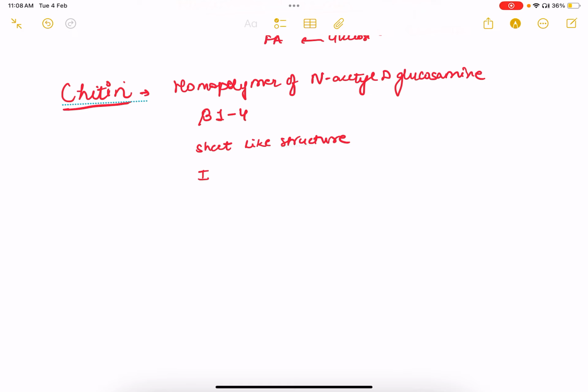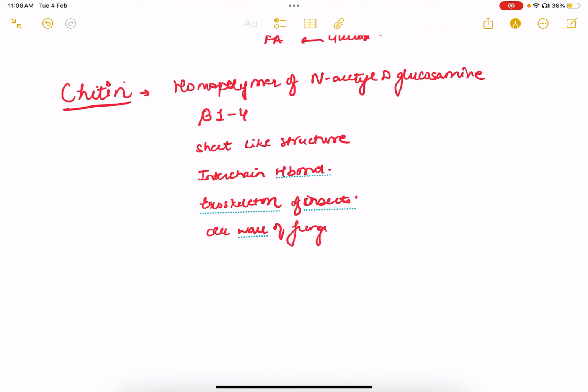If it is a sheet-like structure, then the bonding is interchain hydrogen bonds. This chitin is present in the exoskeleton of insects and the cell wall of fungi. All the fungi except oomycetes, because in oomycetes the cell wall is composed of cellulose.